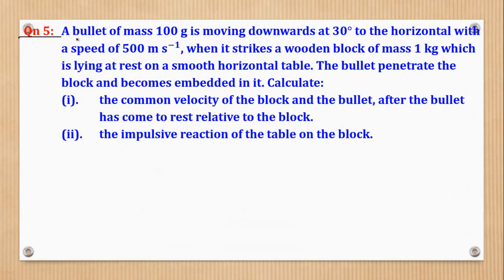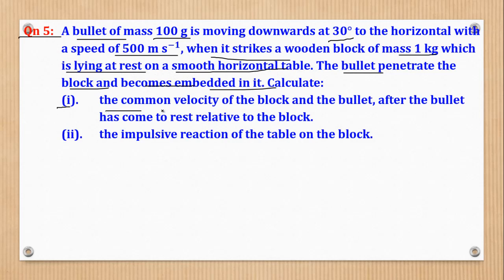Then question 5 says a bullet of mass 100 grams is moving downwards at 30 degrees to the horizontal with a speed of 500 meters per second. When it strikes a wooden block of mass 1 kilogram, which is lying at rest on a smooth horizontal table, the bullet penetrates the block and becomes embedded in it.